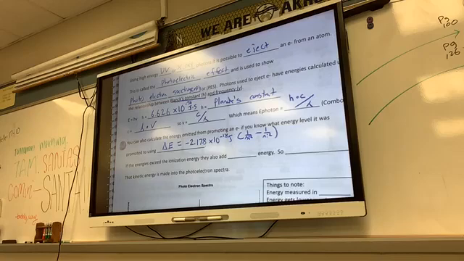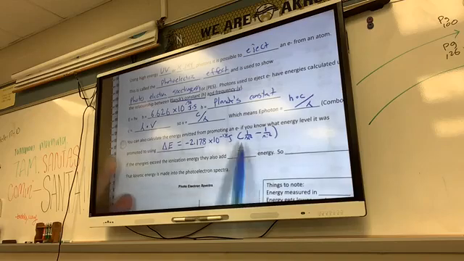What does that mean? Well, n is the level, so it's wherever it ended from wherever it started. So if it started at the first level and ended at the third level, this would be 1 over 9 minus 1 over 1. You just literally sub in the numbers of the levels.